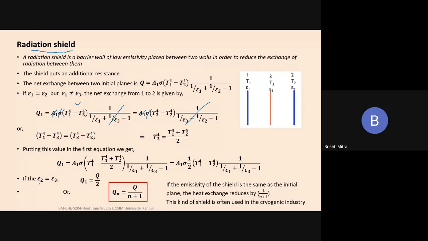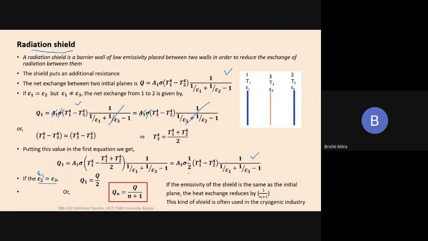Now, if epsilon 2 is equal to epsilon 3, or we can say epsilon 1 is equal to epsilon 2 is equal to epsilon 3, the same emissivities for all three of them, then this becomes epsilon 2. And if you compare this term and this term, see what happens. Here, it is A1 sigma (T1 to the power 4 minus T2 to the power 4) divided by 1 plus epsilon 1 plus 1 plus epsilon 2 minus 1.